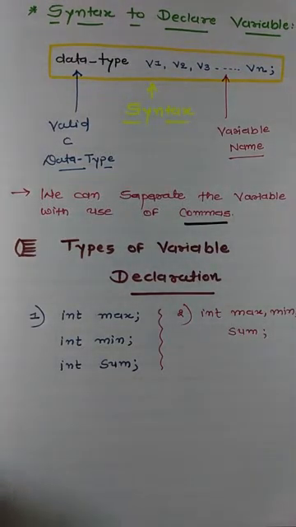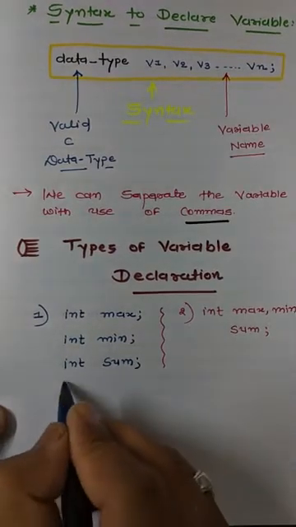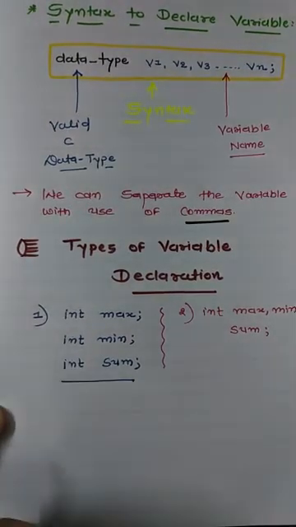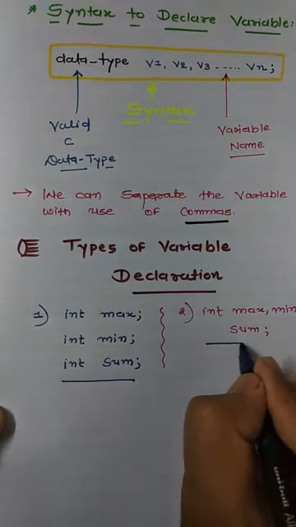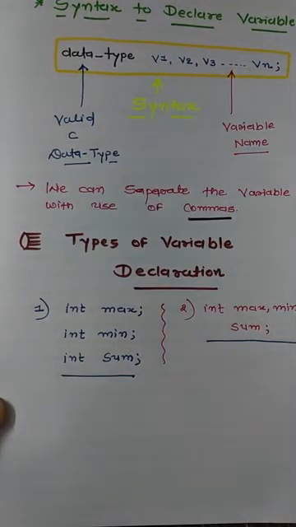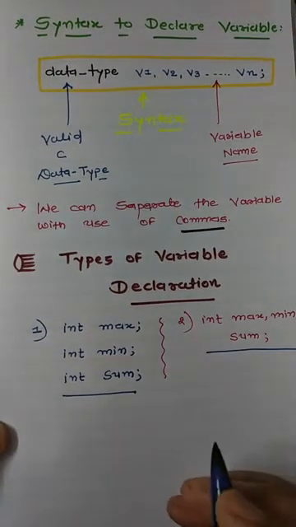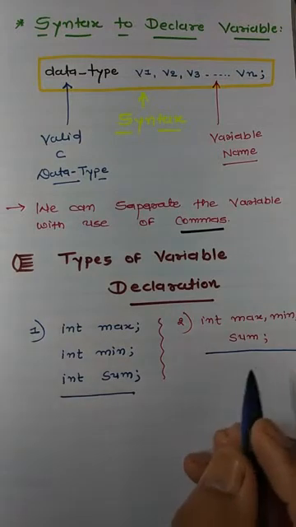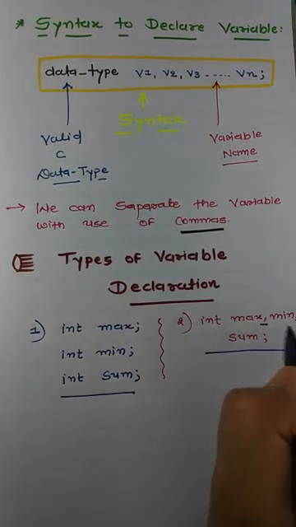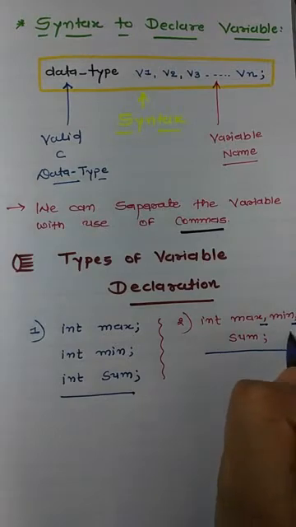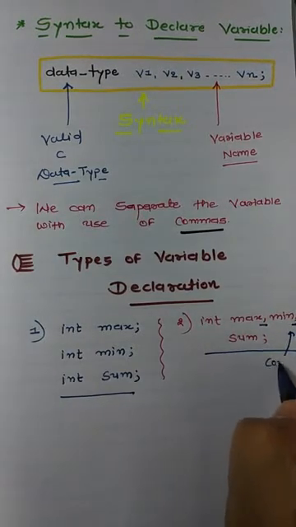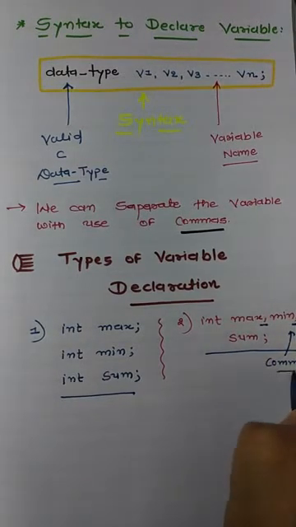So these are the two methods to declare the variable. It means that you can declare separate variables as well as combined variables. Okay, but here we use the comma operator, or we can say comma.